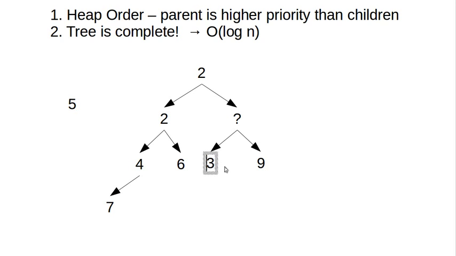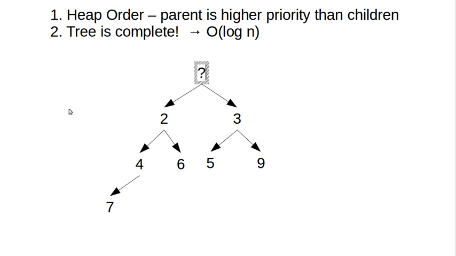So in this case, 3 is higher priority than 9, and then compare that one to the 5. So for example, if this had been a 4 instead of a 9, well, the 3 is a higher priority than the 4. We can't move the 4 up, and it's because of that it has to be the 3 that moves up here, because our stone has now reached a leaf node. That's where it settles, and we're done.